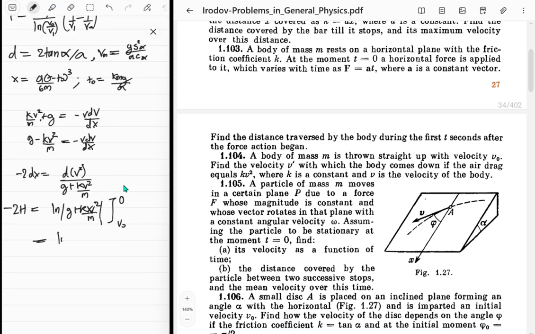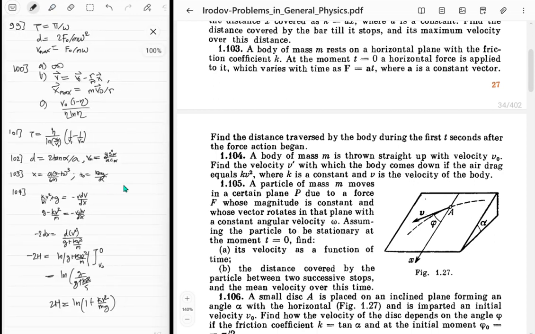So that will be natural log of g upon g plus k v naught squared upon m. So it's got 2h is equal to natural log of 1 plus kv naught squared upon mg. That should do it. So that's the one equation that we need.